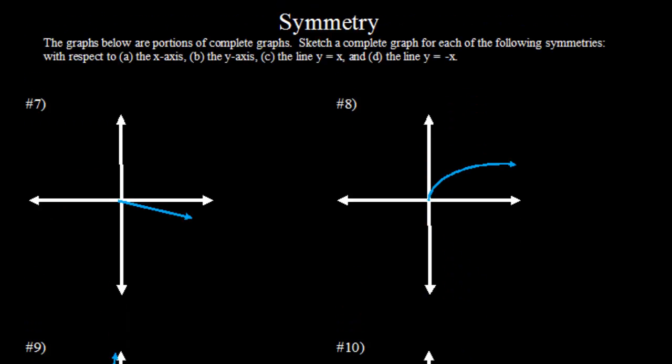Next. The graphs below are portions of complete graphs. Sketch a complete graph for each of the following symmetries. A, with respect to the x-axis. So here is the x-axis.